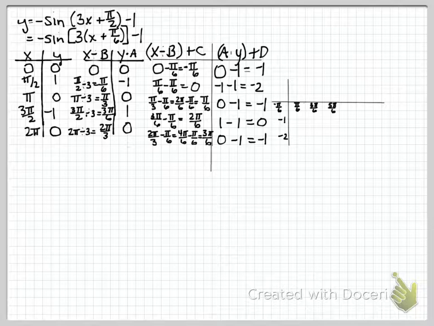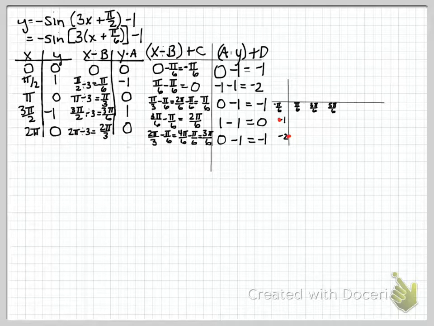Okay, so let's plot our points. Negative pi over 6, I am at negative 1. I'm going to change the color of this, by the way, so that we can see it here. And then I have 0, negative 2. Hold on here, I put the negative 1 right there. 0, negative 2.